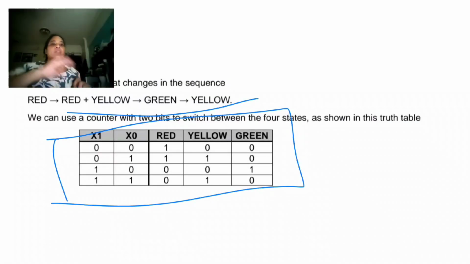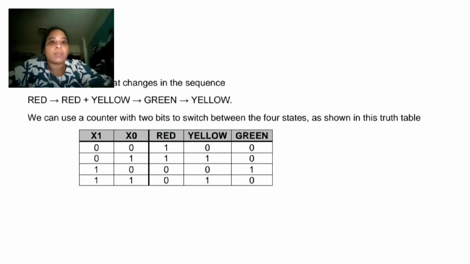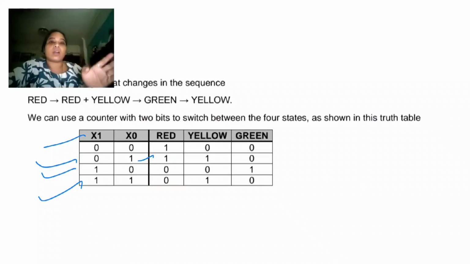For example, this is my input. First I give the condition where both inputs are off, that means 0, 0. The next condition is only one input is on. Another stage is the first input is on, second input is off, that is 1, 0. The last stage is both inputs on.